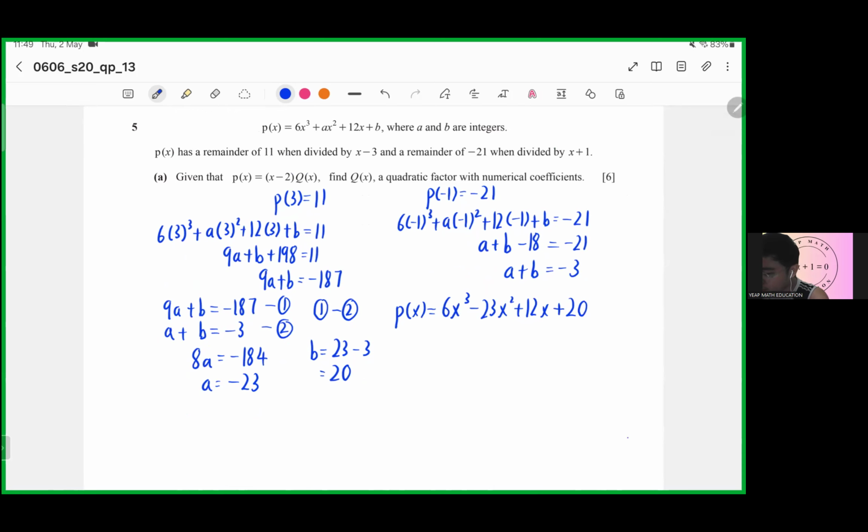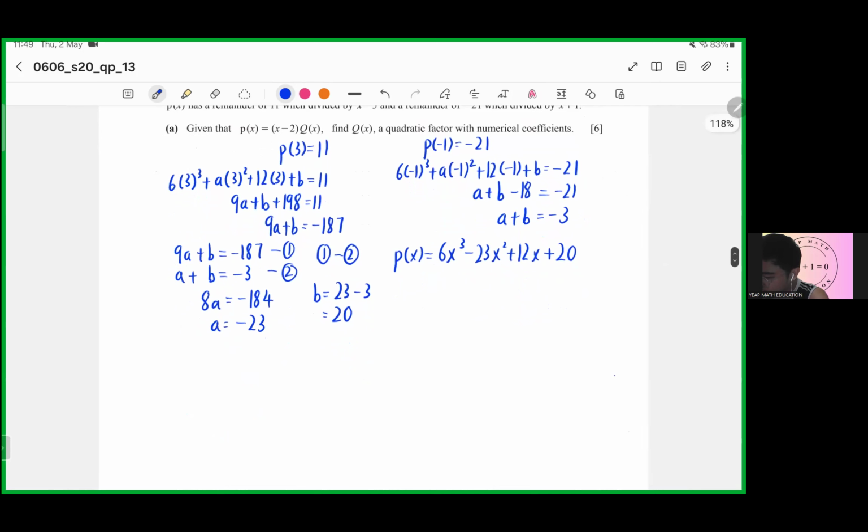Now we can use the long division method to solve it.